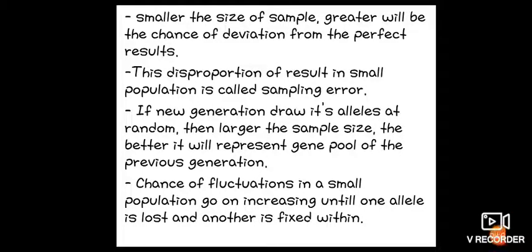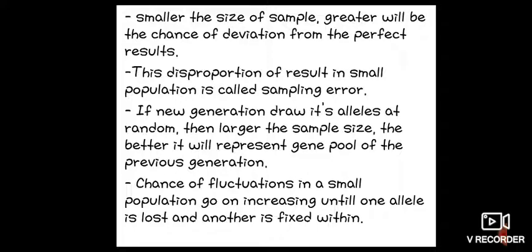This chance fluctuation in a small population goes on continuously until one allele or trait is lost and its partner trait is fixed. That is, there will be fixation of either the dominant or the recessive allele, with elimination of the heterozygous condition.